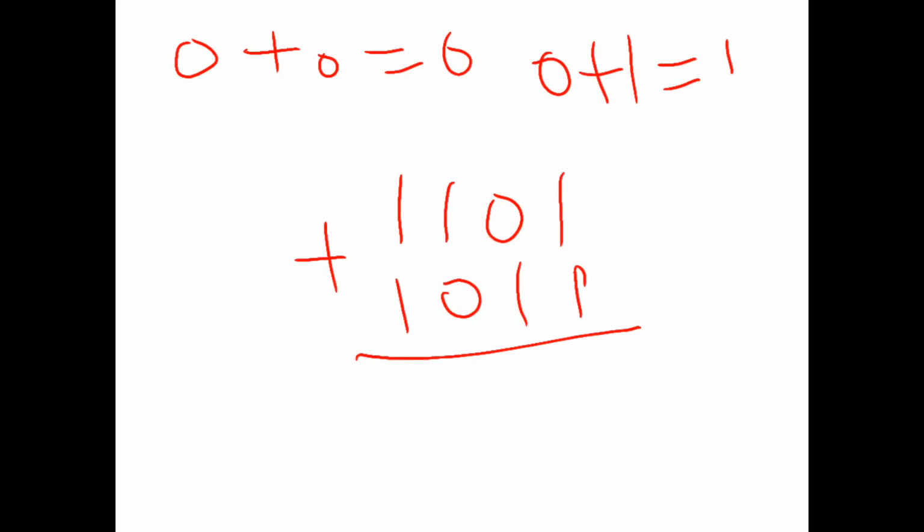In decimal we know 0 plus 0 is 0. 0 plus 1 is 1. Or if I talk about 1 plus 0, then again it will be 1. So now the next one is, what will be 1 plus 1?